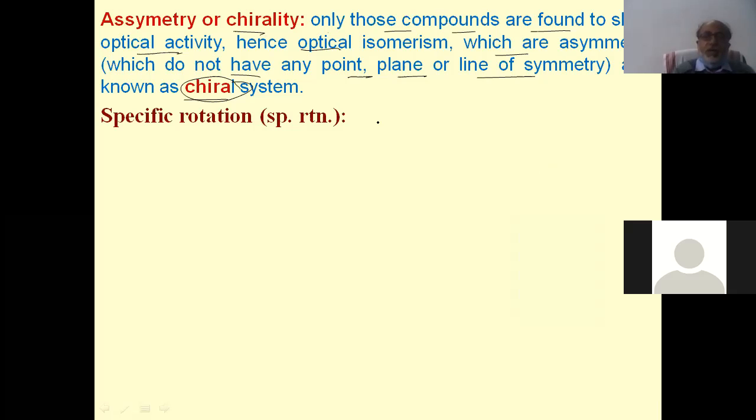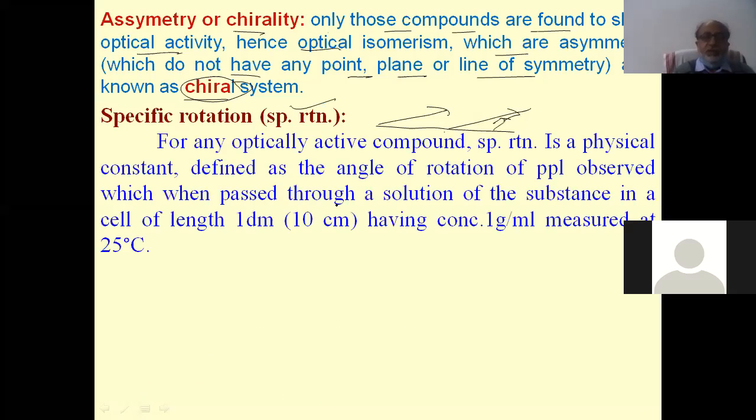But to what extent is it rotating the plane polarized light? Meaning how many degrees? For that, some definition has to be fixed, and that is given by a physical constant called specific rotation.